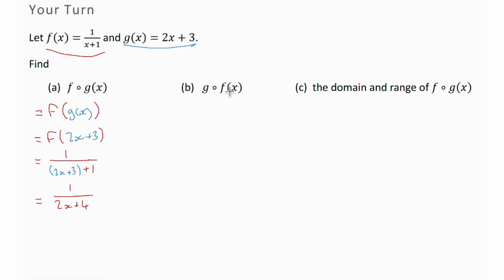Working the other way, g composed with f of x is g of f of x. That is g of, and f of x is 1 over x plus 1.